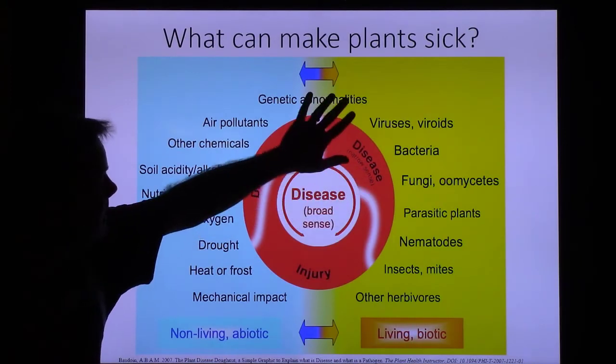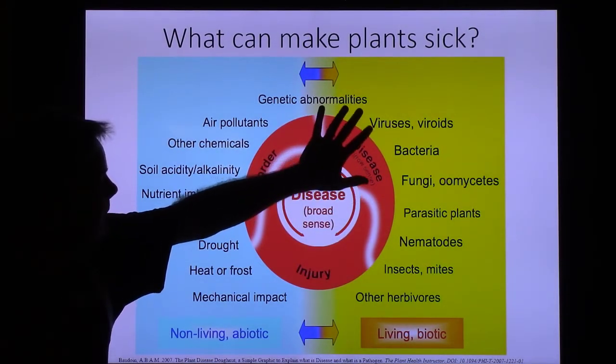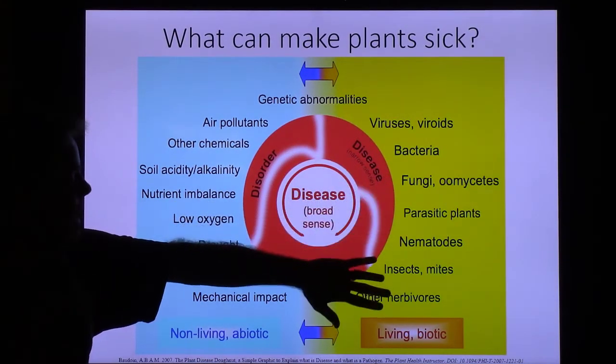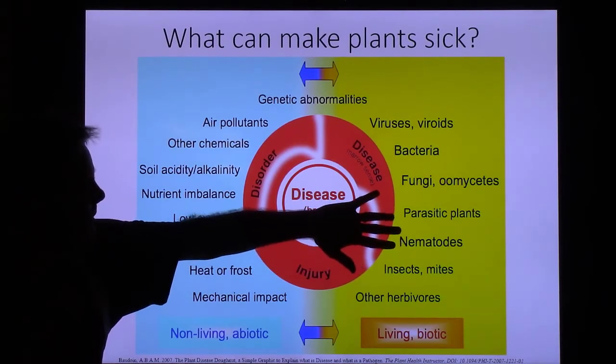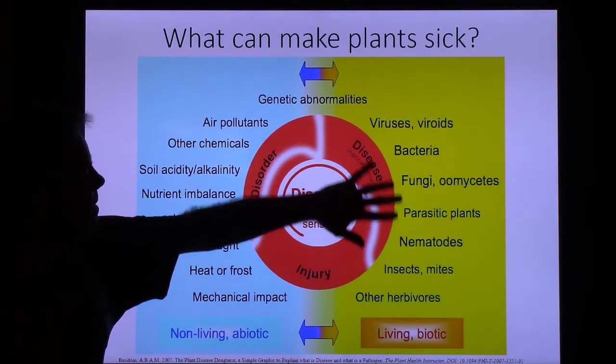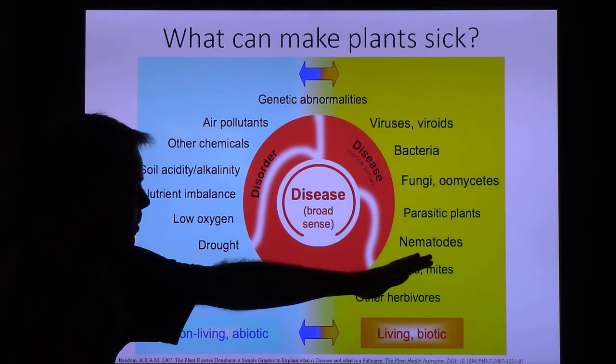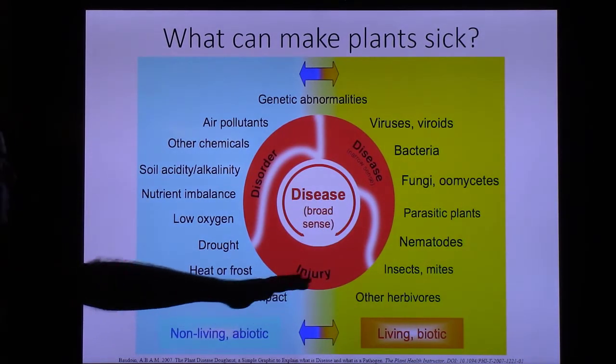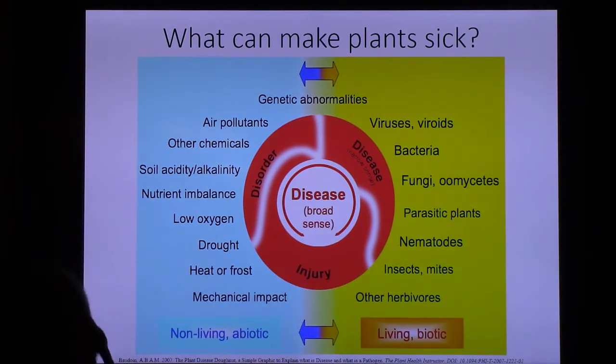Now, whenever we look at disease, really it's the viruses, the bacteria, the fungi, the parasitic plants, and nematodes to a certain extent that cause disease. Insects and other herbivores cause more injury that could lead to disease. But then we also have non-living factors that cause diseases: air pollutants, other chemicals, maybe herbicide, soil acidity or alkalinity, nutrient imbalance in the soil.